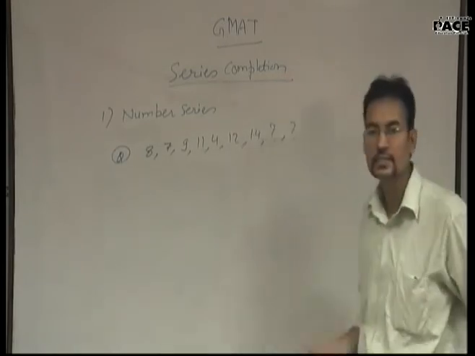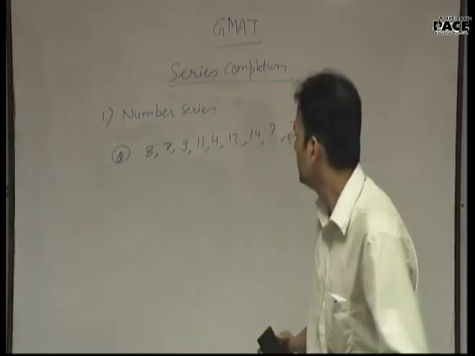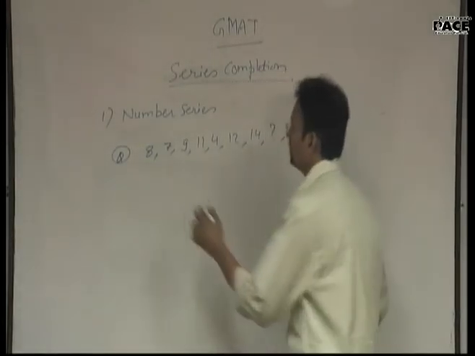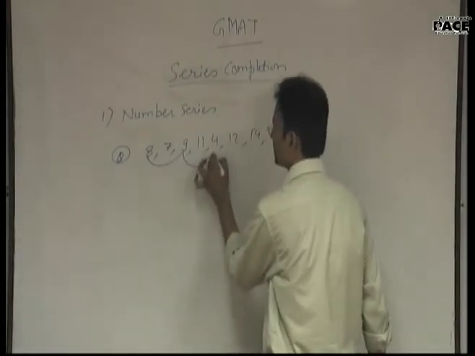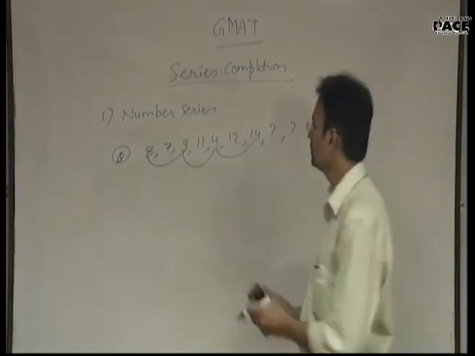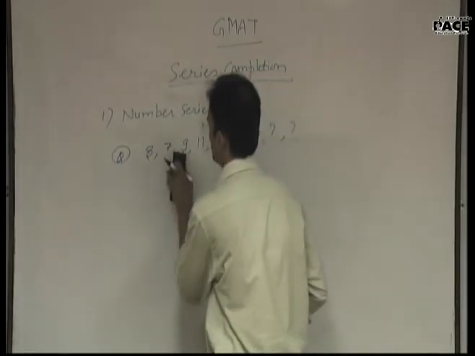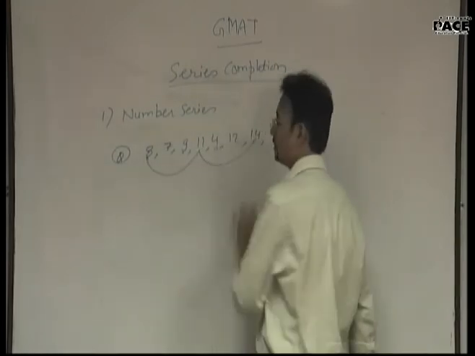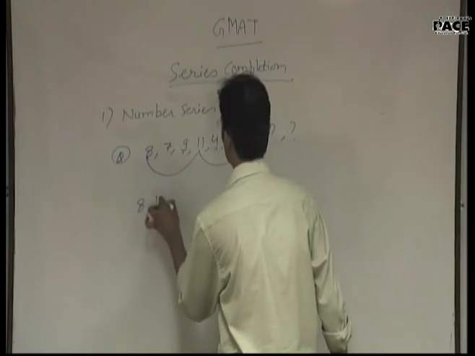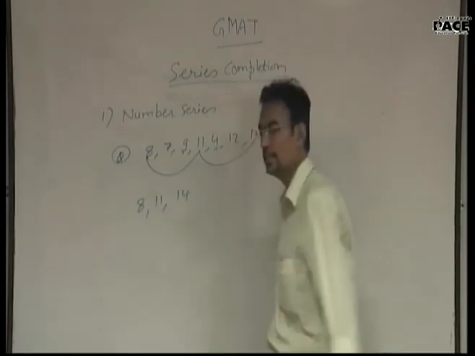Now we have 2 question marks in this series, and if we simply take this series, it is not going anywhere. So we can make three series here. One is 8, 11, 14.